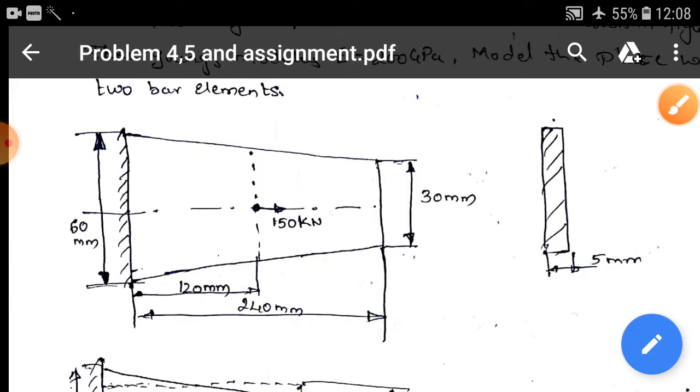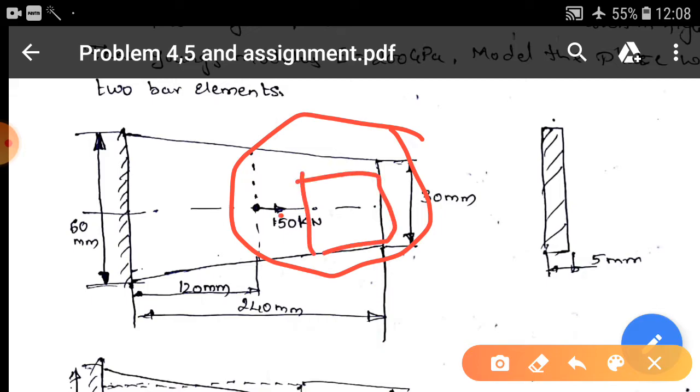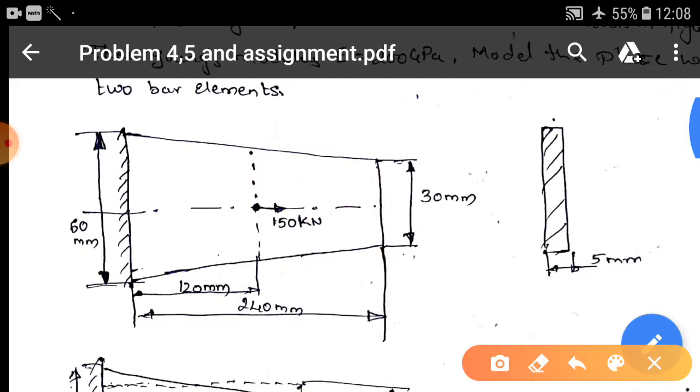And if you see the second element, there is one force applied in this direction. But see that the other end is free. Because this end is free, it simply moves. It doesn't resist.